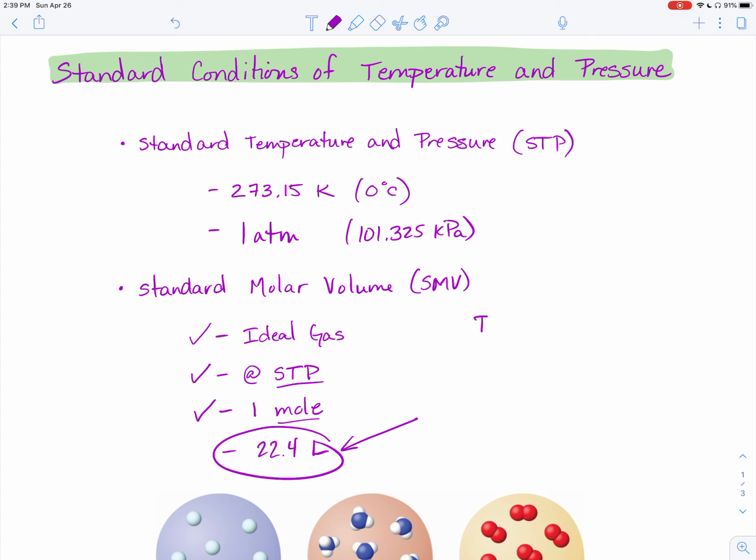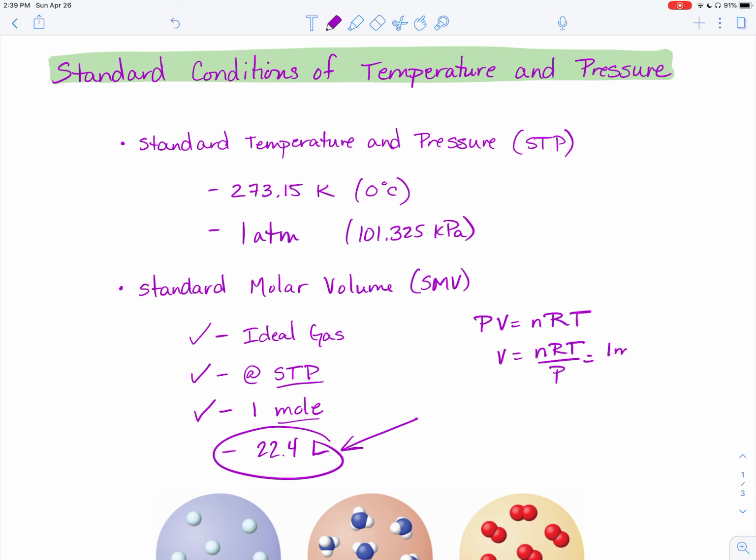I wanted to show you this by calculating using the ideal gas law. If we plug in all the values for standard temperature, pressure, and 1 mole, I bet we calculate 22.4 liters. So I'm going to solve for volume here, put in our T over P, and then plug in all these standard values.